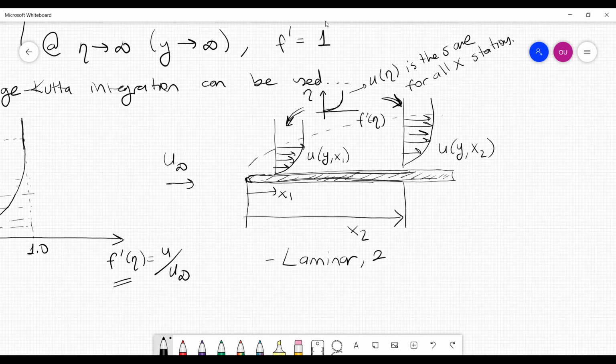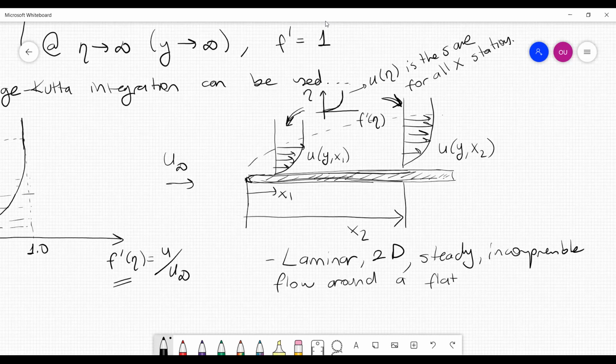That's another story we will see later, whether the boundary layer is laminar or turbulent, and we will see what we mean by laminar and turbulent flow a little bit later. But laminar, 2D, steady, incompressible flow around a flat plate.